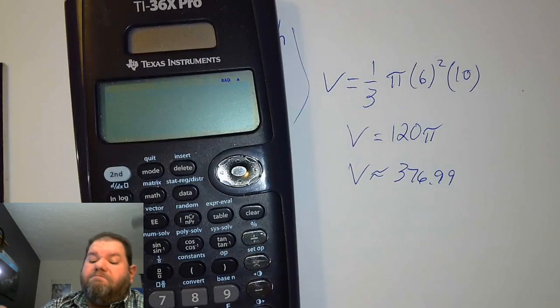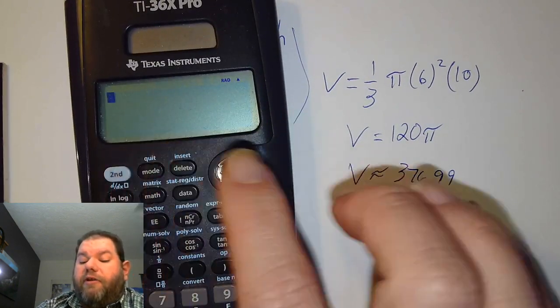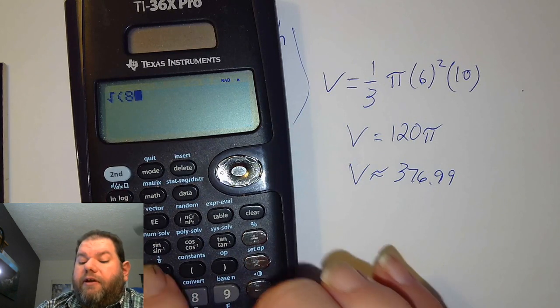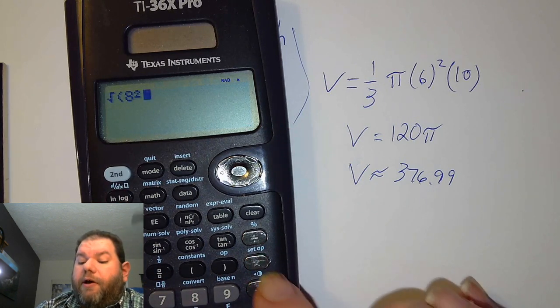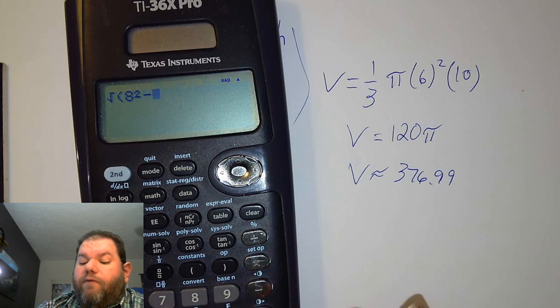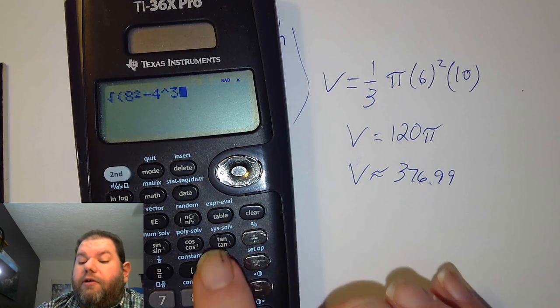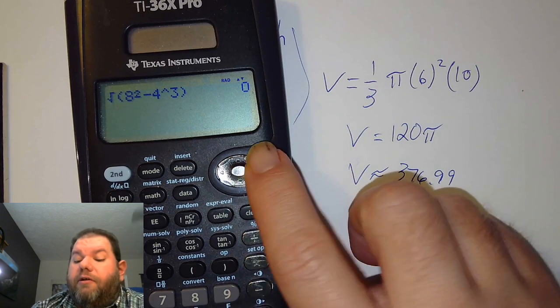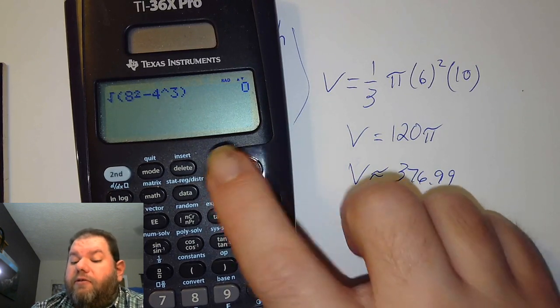On this one, not quite sure how that's going to work, but we'll try it. If we do, let's say, 8 squared minus 4 to the third, comes out to be 0. If we arrow right, doesn't do anything.